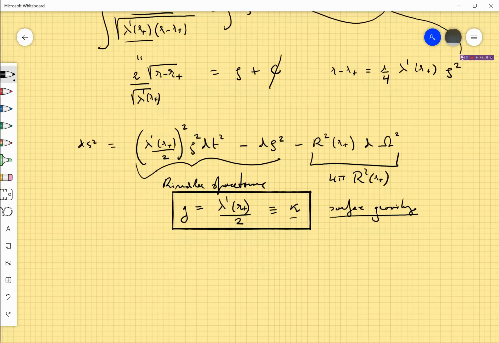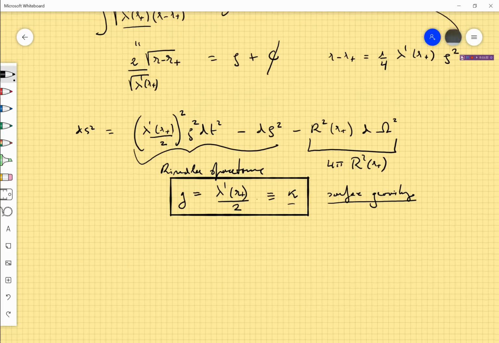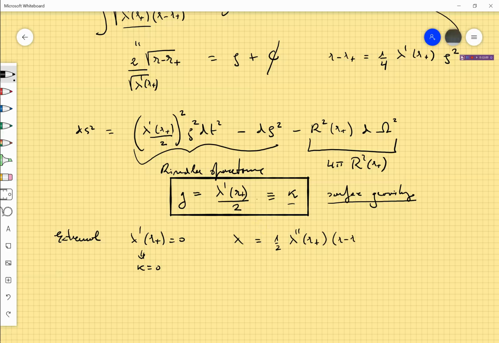Okay, so now let's see what happens at the extremal case. So the extremal case corresponds to this equal to 0. Okay, so by definition, this means kappa equal to 0. And then the approximation is that lambda is a half of the second derivative of lambda evaluated at r plus times r minus r plus squared plus terms of higher order.